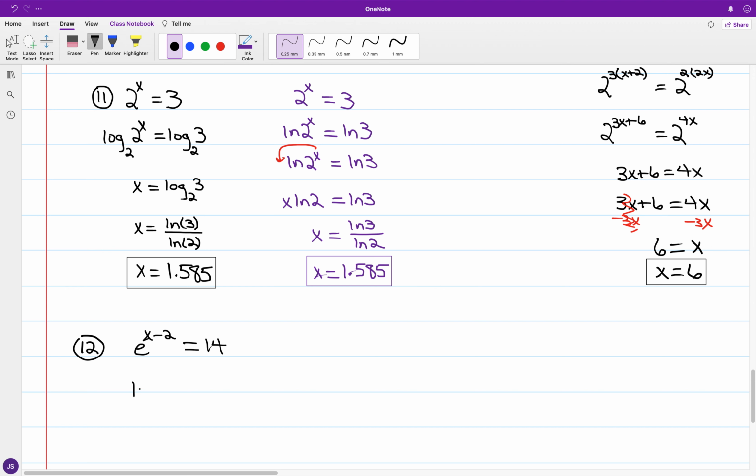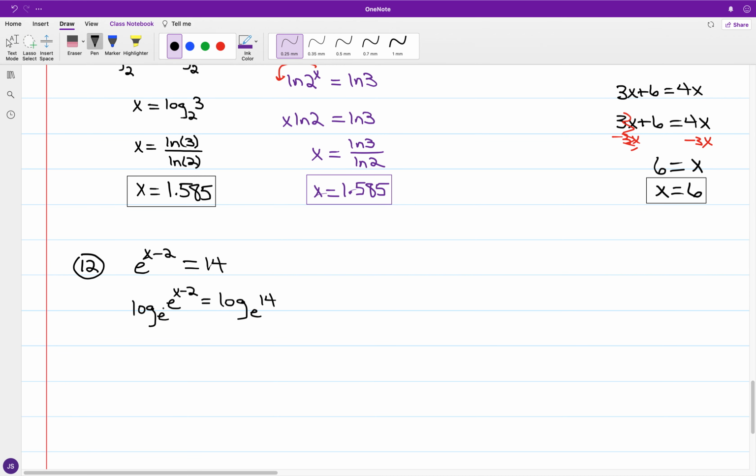And guess what? I can just take, once again, the base e logarithm of e to the x minus 2 is equal to the base e logarithm of 14.